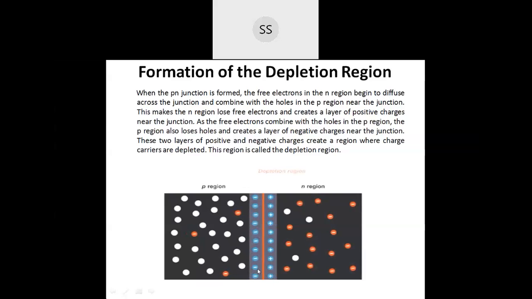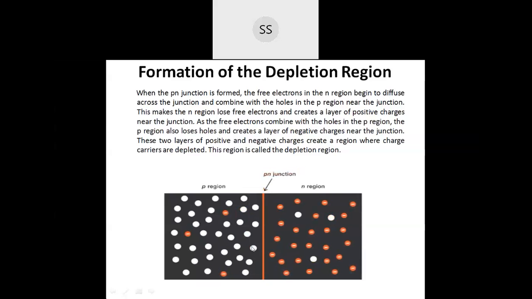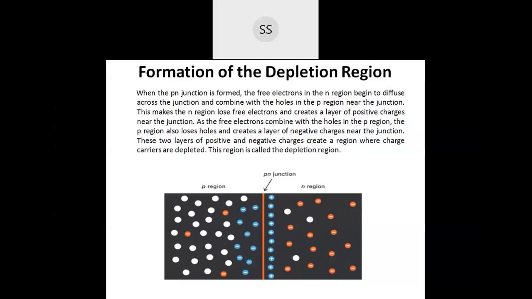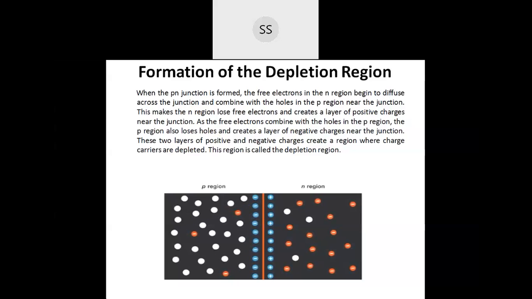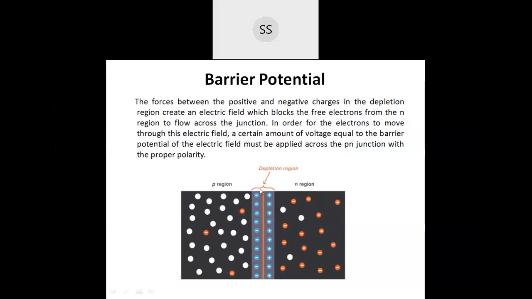And this particular region, which is depleted of movable carriers, is called a depletion region or space charge region, as shown in the picture here. Now in this picture, how the built-in potential exists across the junction is shown. So that V naught exists across this junction for a region equal to W.